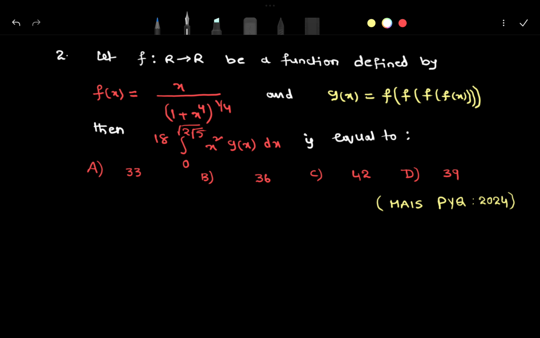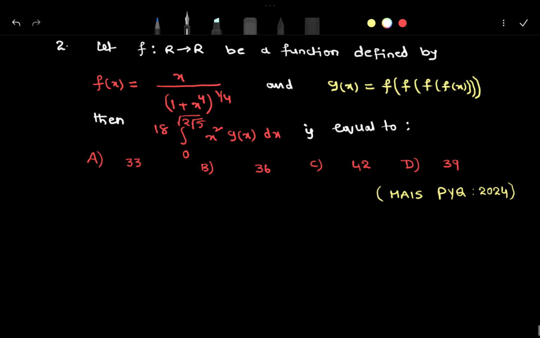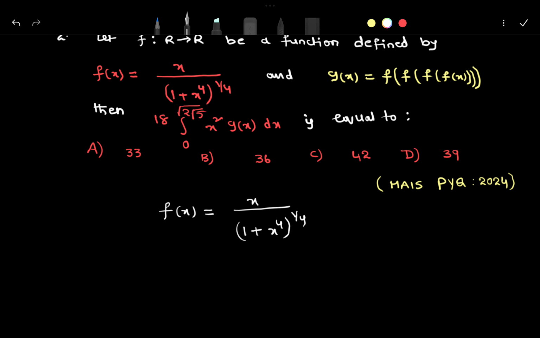See, this problem is very simple. First of all, the given function f of x is equal to x divided by (1 plus x to the power of 4) whole to the power of 1 by 4. Now after that, the given relation is g of x is equal to f of f of f of f of x.